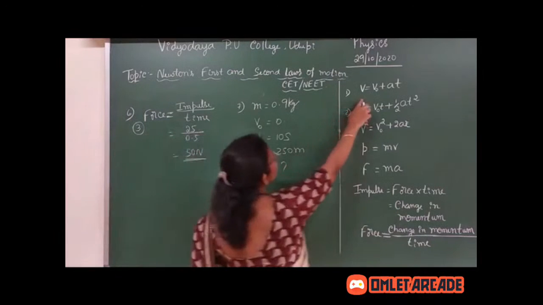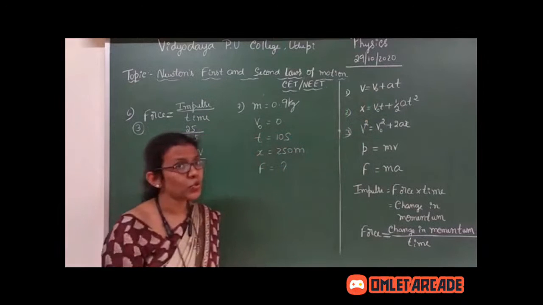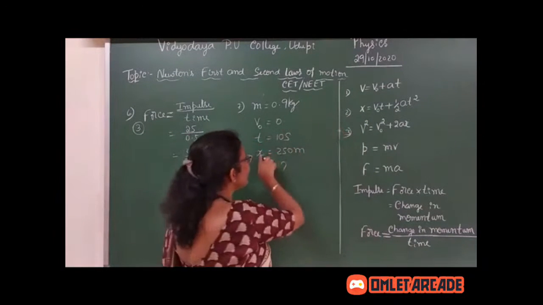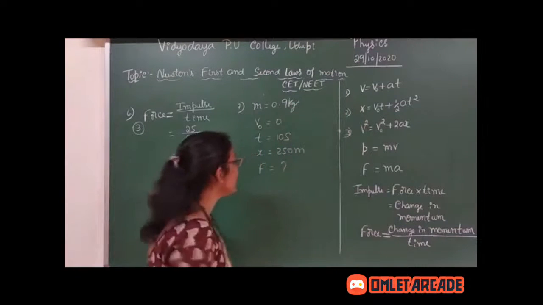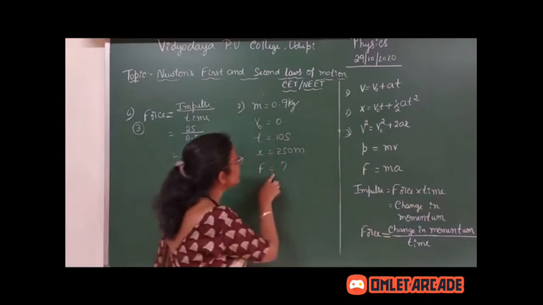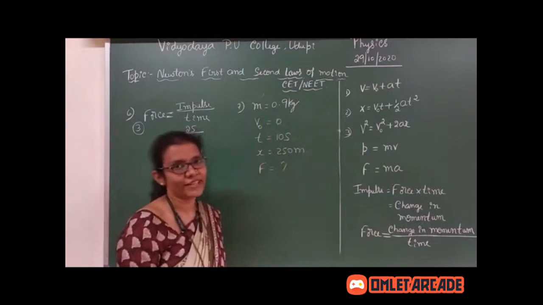We cannot use the first one because the time taken is not given. Time and acceleration are unknown quantities in the first equation of kinematics, so we cannot use it. In the second one, x is given, so we can use the second one and calculate a. Once we get the value of a, we substitute it in F equal to m a. M is given, and a you will get simplified.